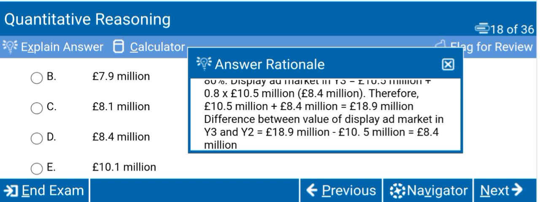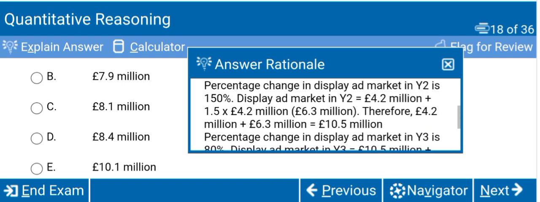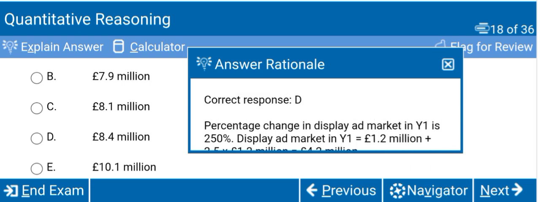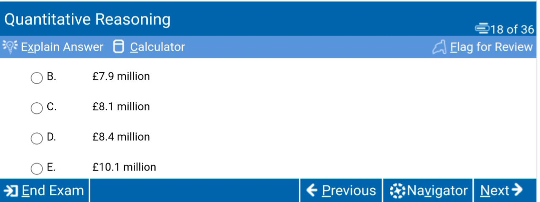Difference between value of display ad market in year 3 and year 2 equals 18.9 million pounds minus 10.5 million pounds equals 8.4 million pounds. The correct response is option D.